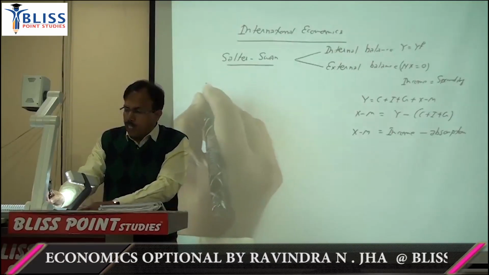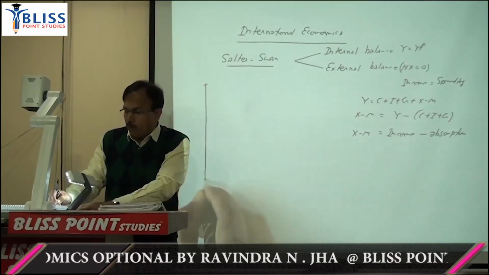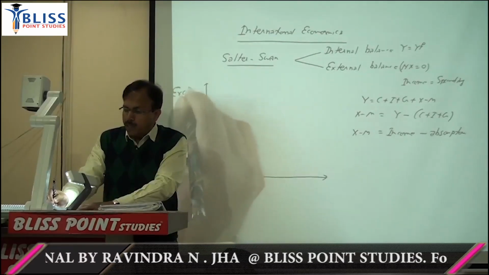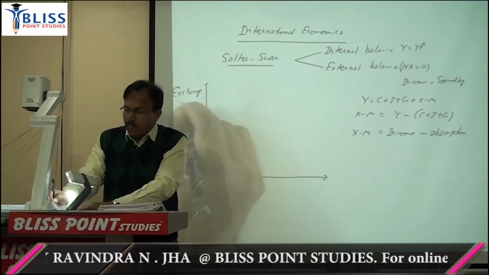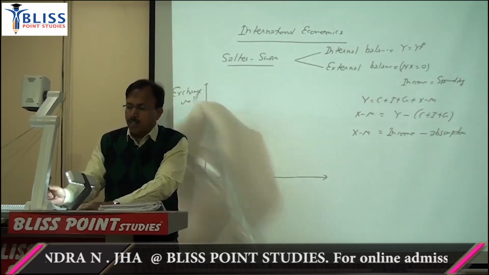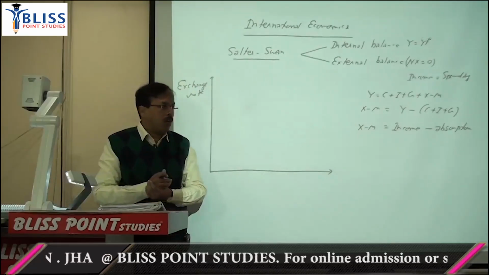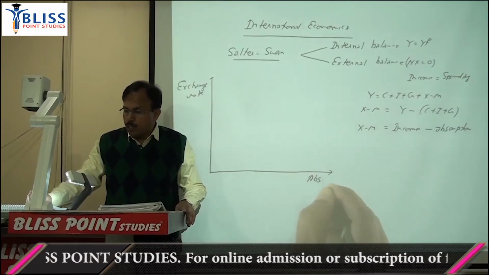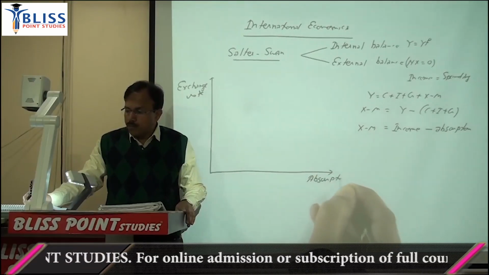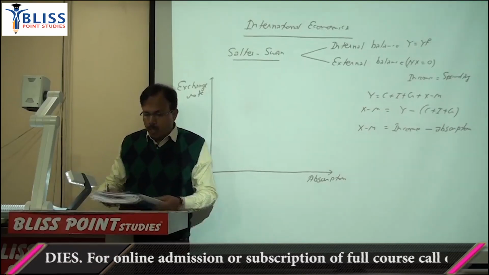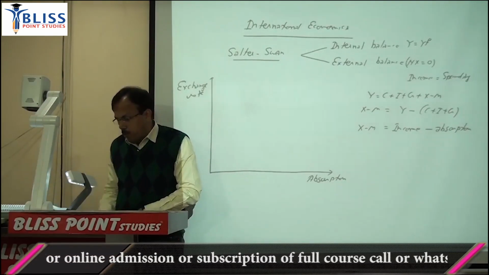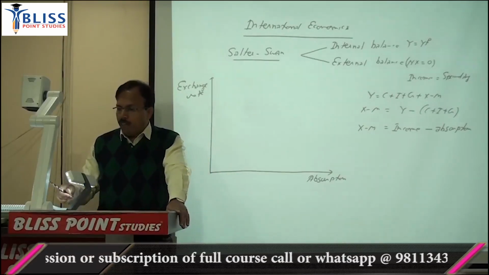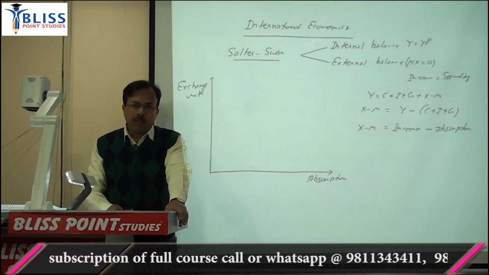When you explain that Salter-Swan diagram, then on the axes we are taking exchange rate on the vertical axis and absorption on the horizontal axis. So there are various combinations of exchange rate and absorption where we have internal balance and external balance.